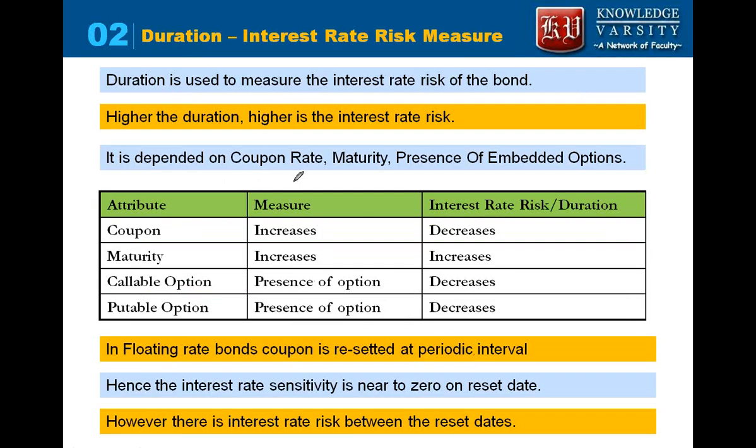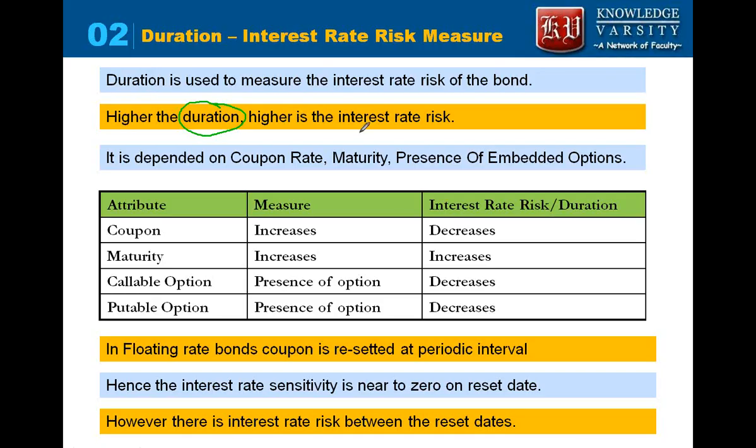So the higher the duration, the higher is the interest rate risk. Now the duration will be some number. By the way, duration is measured in years, which we will see later. But from our perspective, we should know that duration is a measure of interest rate risk.